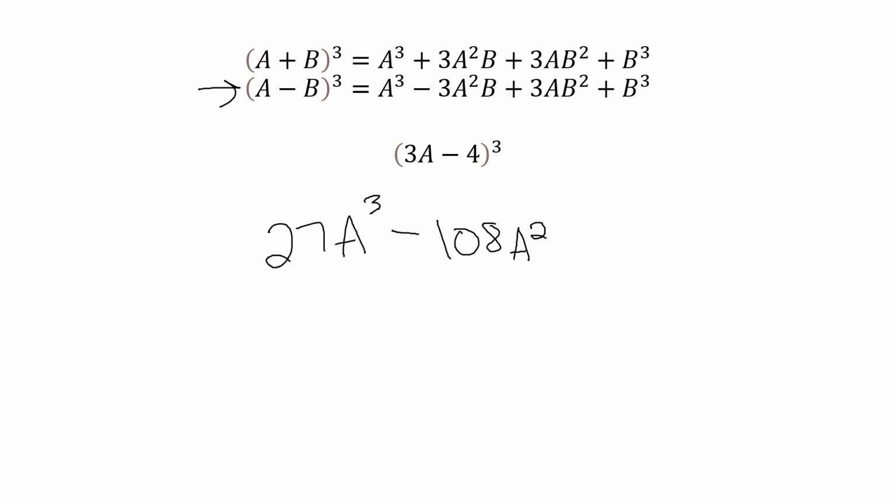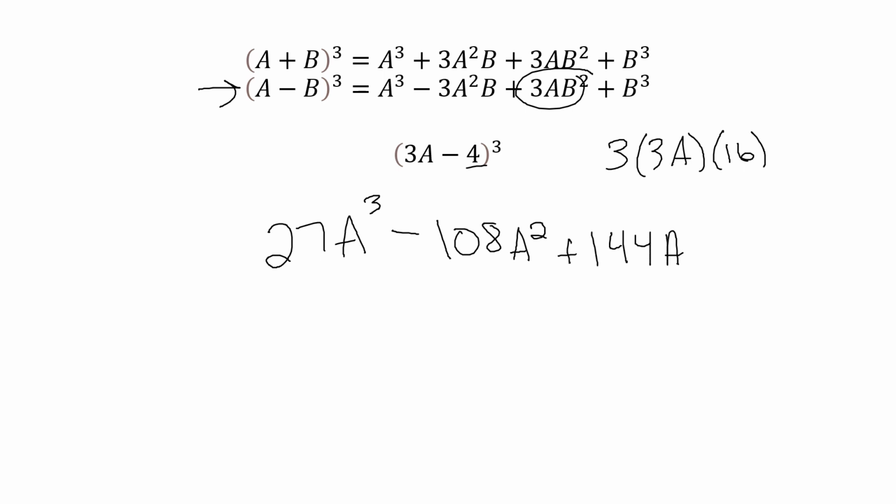And then my third piece is 3 times a times b squared. Well, b is 4, so 4 squared is 16. 3 times 3 is 9. 9 times 16 is 144. And then I have my a.